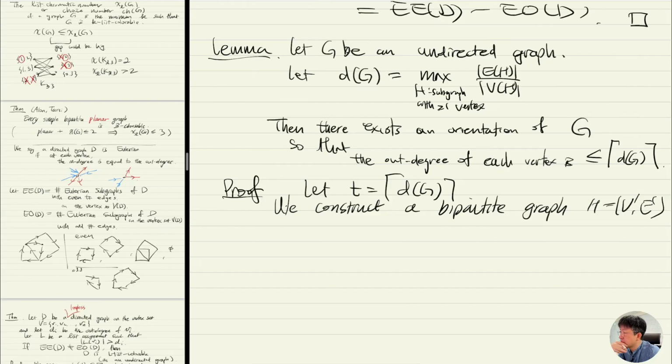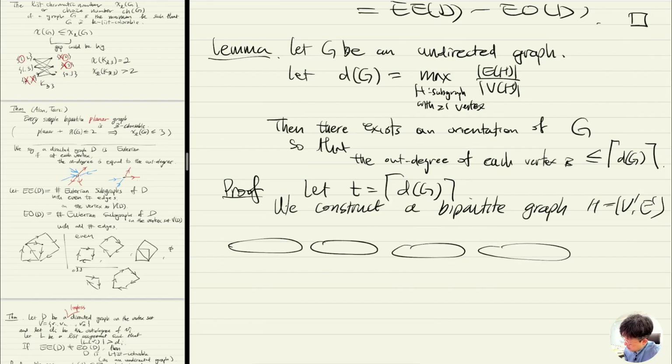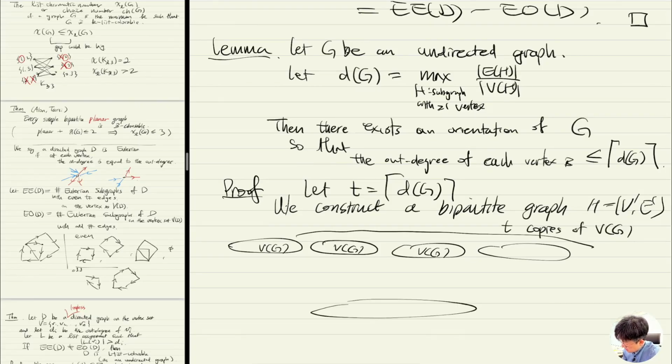So these are V(G). I'm going to have t copies of V(G) with no edges inside. That's one side. And here is E(G), every edge.